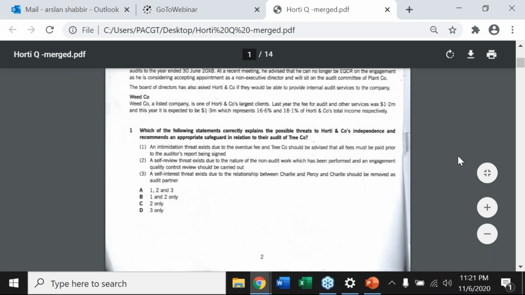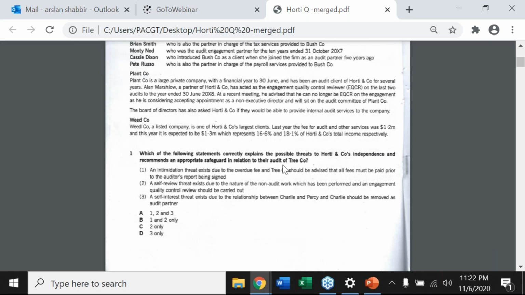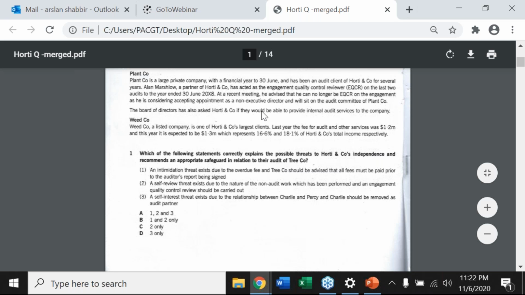If I take the first requirement: which of the following statements correctly explains the possible threats to HOTI and company's independence and recommends an appropriate safeguard in relation to their audit? What you need to do is identify the name of the threat.